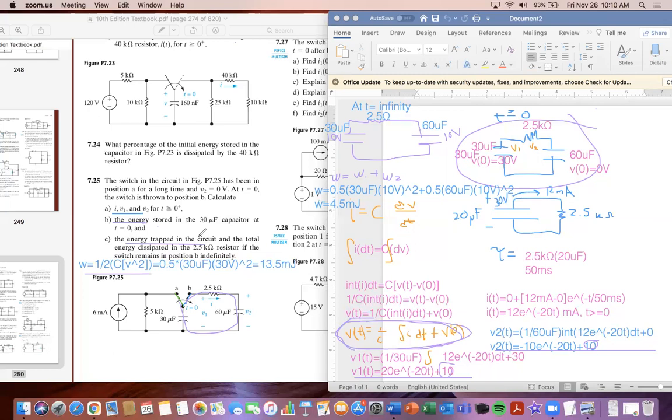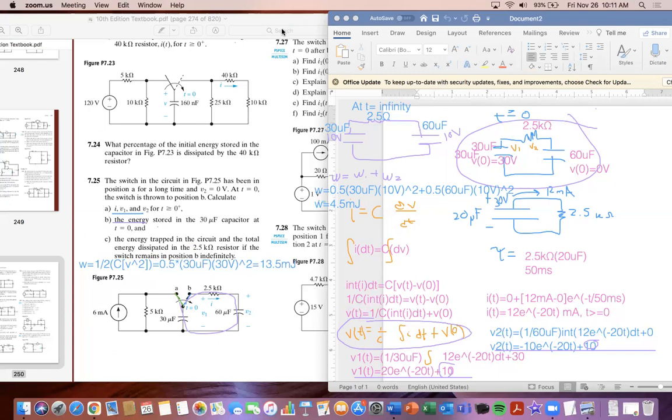From part B, we know how much energy is stored in the capacitor, which is the one element that actually has a voltage across it. Subtract that from the energy trapped in the circuit, and you'll get 9 millijoules dissipated in this resistor. That is how you answer all three parts of the question, and that should be it for that one.